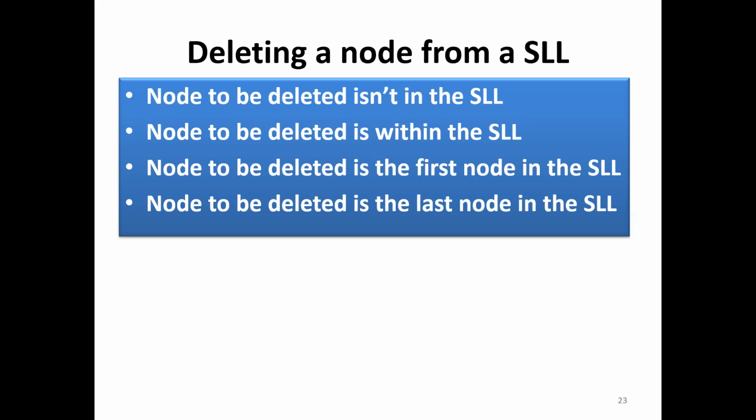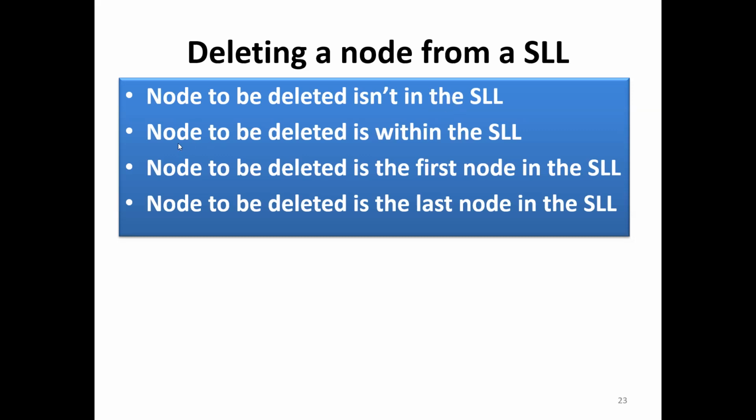Another part that we're looking at is deleting a node from a singly linked list. Deleting a node could be when the node we want to delete is not available in the singly linked list.